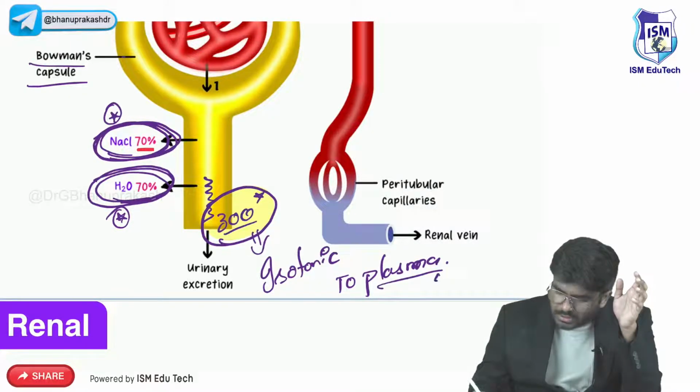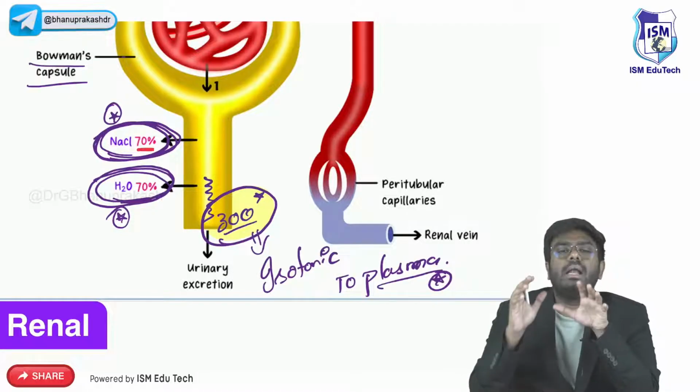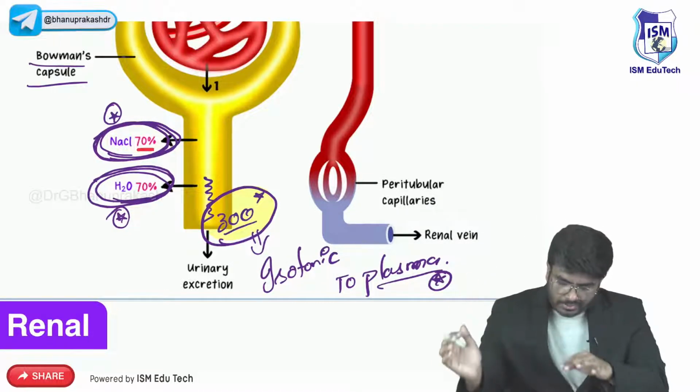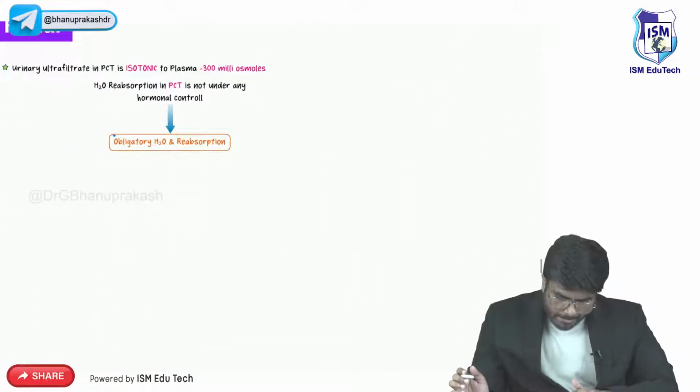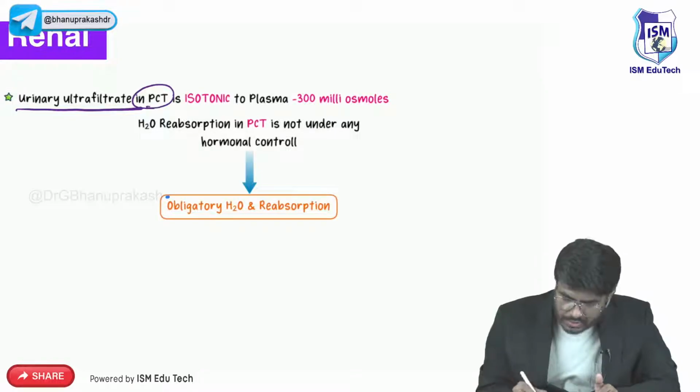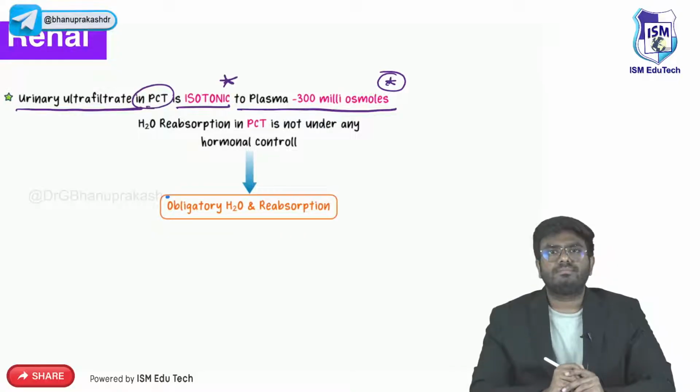In the plasma the osmolarity is 300, and in the proximal convoluted tubule also it is 300. So urinary ultrafiltrate in the proximal convoluted tubule is isotonic to plasma, that is 300 milliosmoles.